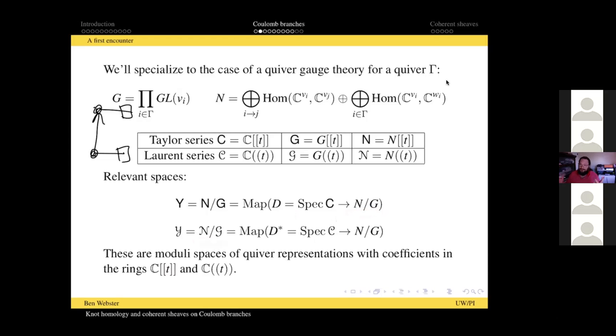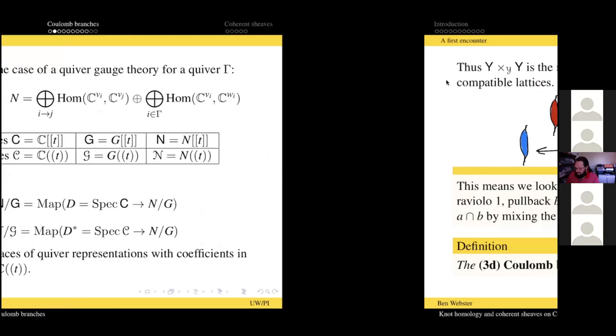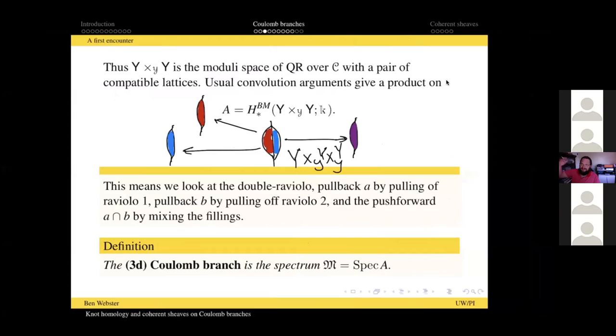I can look at the moduli space of representations of the quiver with coefficients in Laurent series as well. And bizarrely enough, I do some standard calculations in geometric representation theory, but using these spaces instead of things like the Springer representation. These are infinite dimensional analogs of the Springer resolution.